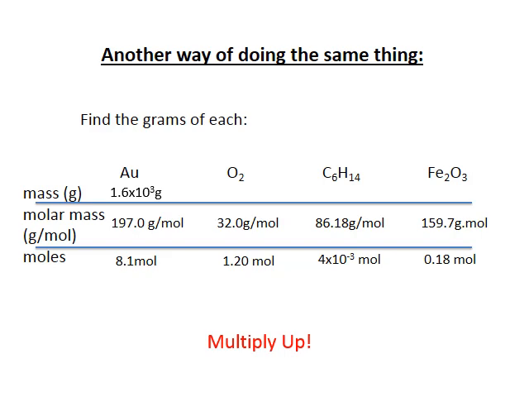So I can calculate each of the corresponding gram quantities, and I'm trying to do the best I can to pay attention to significant figures. And that's about it. You divide down and you multiply up.